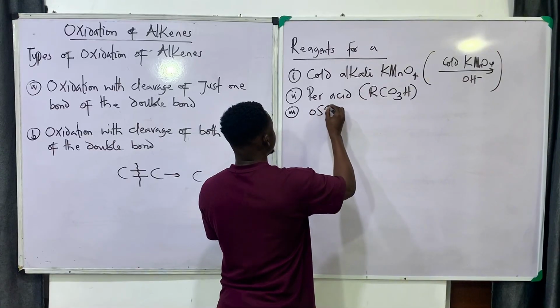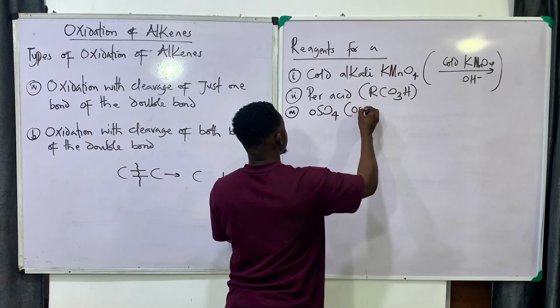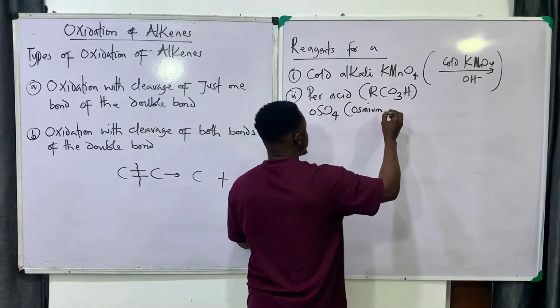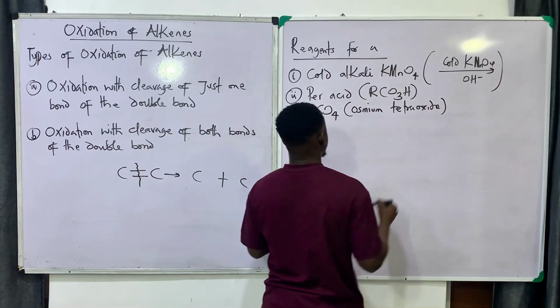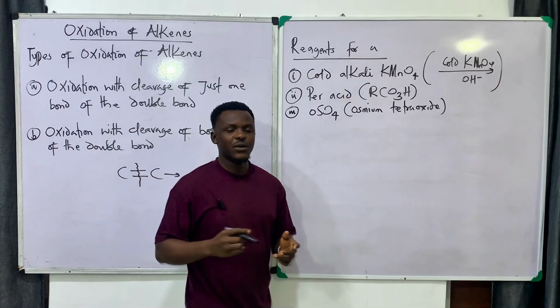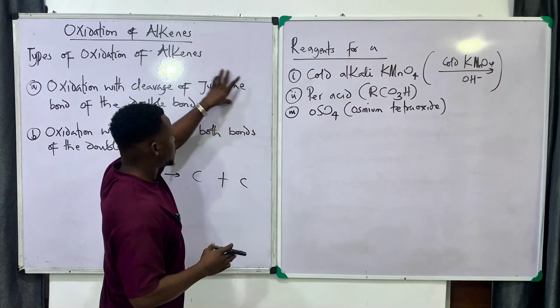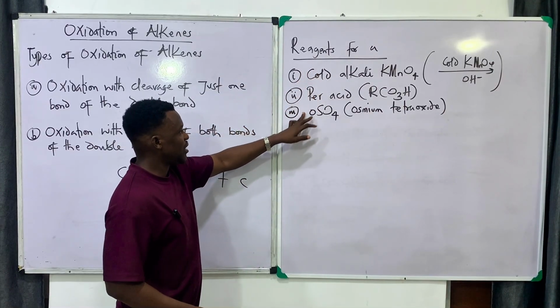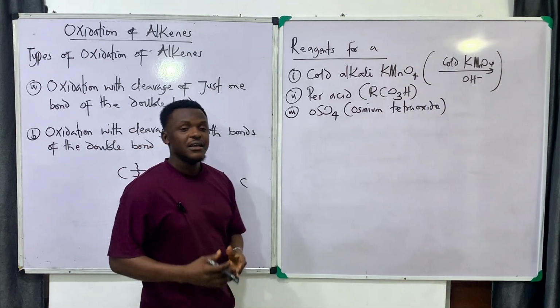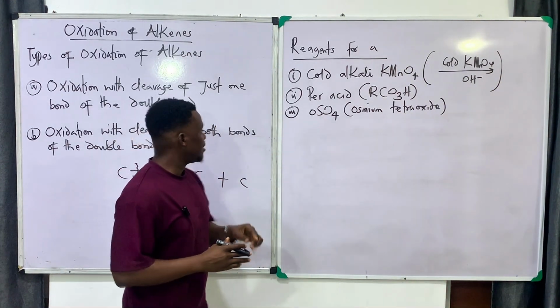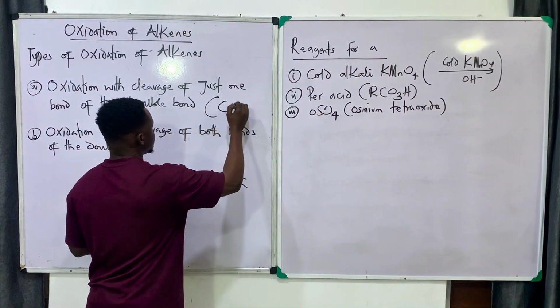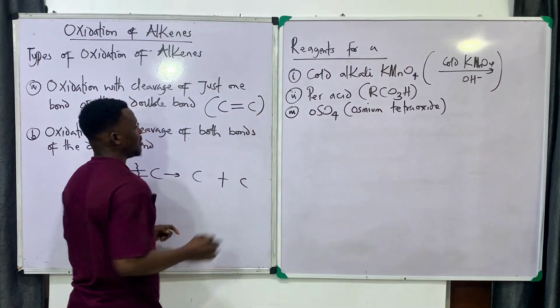The third one is osmium tetraoxide. These are the 3 reagents we're going to be using for the first one. Anytime you see any of these 3 reagents reacting with an alkene, a compound that has a double bond, one of these bonds will break.